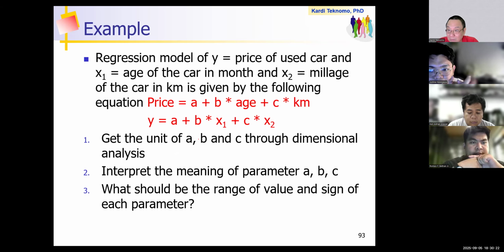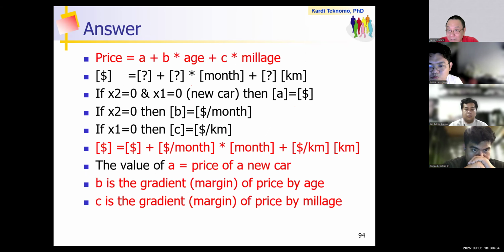This model is called multiple linear regression. So age is basically x1, kilometer is x2, isn't it? Then you check. The price is, for example, in pesos or US dollars. A, we don't know. B, we don't know.